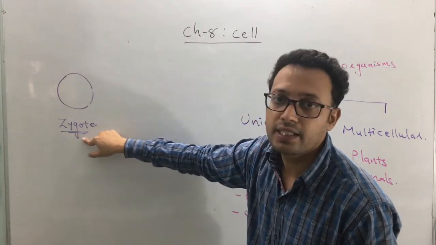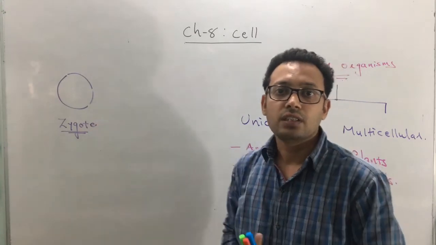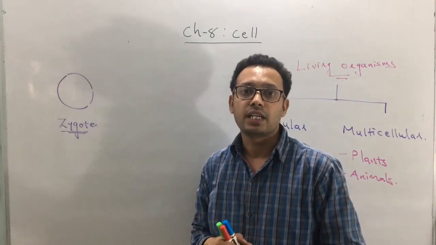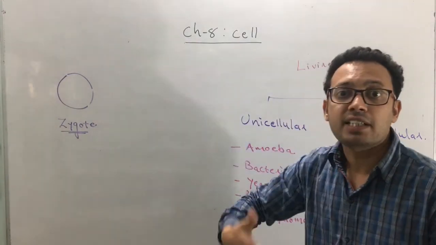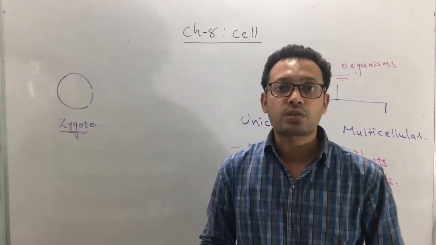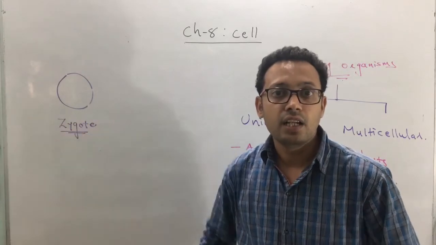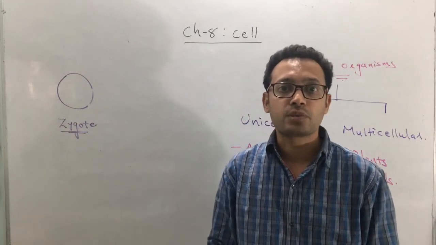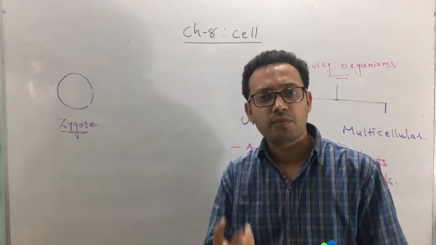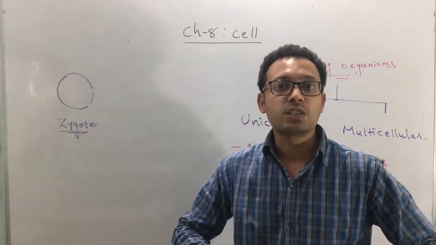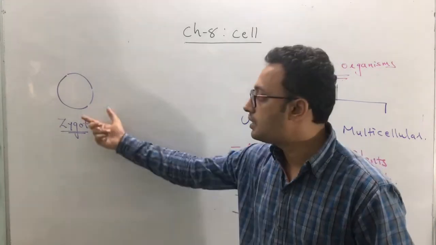This single cell is called the zygote. From this zygote, the multicellular organism develops. From this single cell, the whole human being develops, or a whole plant. Even our life starts from a single cell in the mother's womb, and that cell is the zygote.